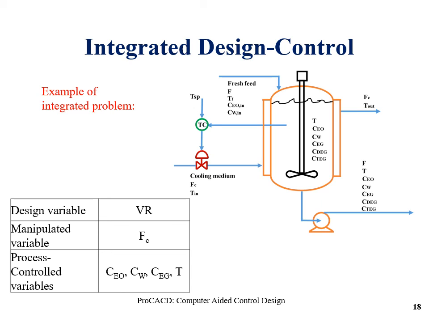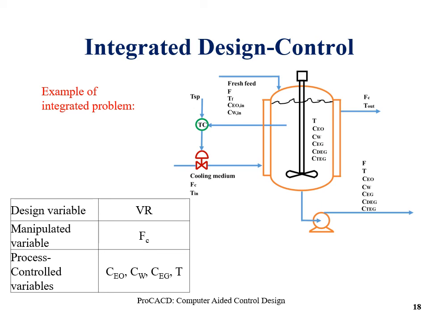Okay, here let's say there is a reactor. In the reactor there is a fresh feed coming in at a temperature, let's say TF, and the feed has two chemicals, let's say CEO and CW, which are ethylene oxide and water.